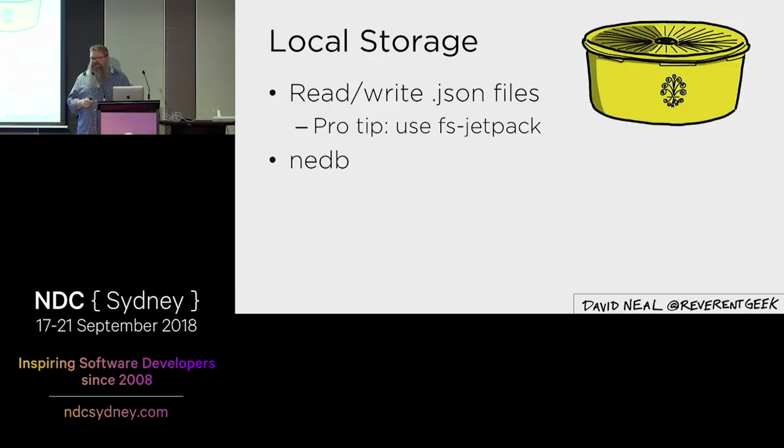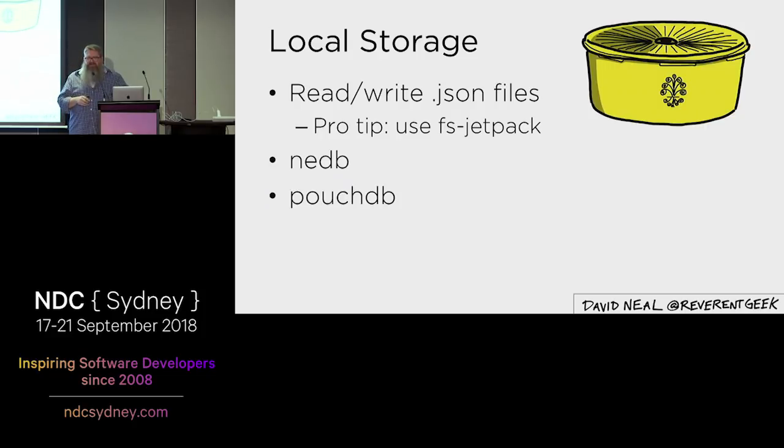You can use something like AnyDB, which is kind of like a MongoDB API. Under the hood, it's reading and writing JSON files, but it presents a MongoDB-type API that you can query documents and load those things, insert and update documents.